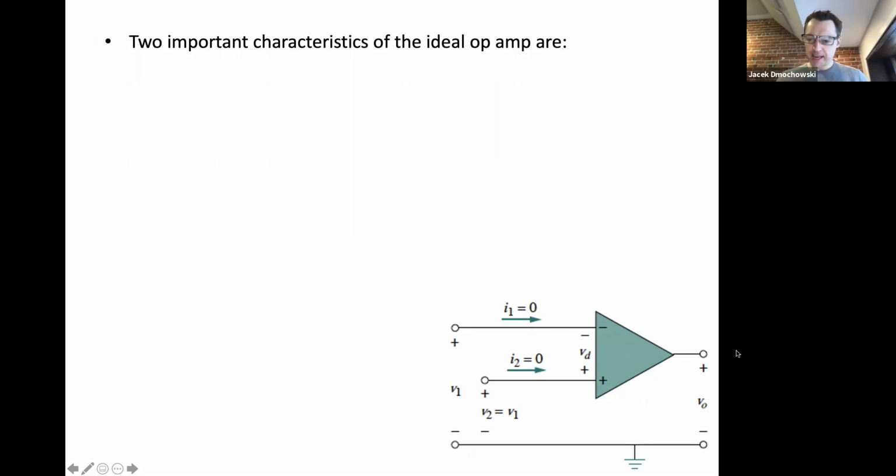That does not mean that V naught will be 0 or that there won't be anything at the output. It just means that it doesn't suck current in. It doesn't mean that it's not functioning as an amplifier of voltage. Remember, voltage can be amplified by the circuit without the circuit drawing any current because of the feedback loop that we'll see.